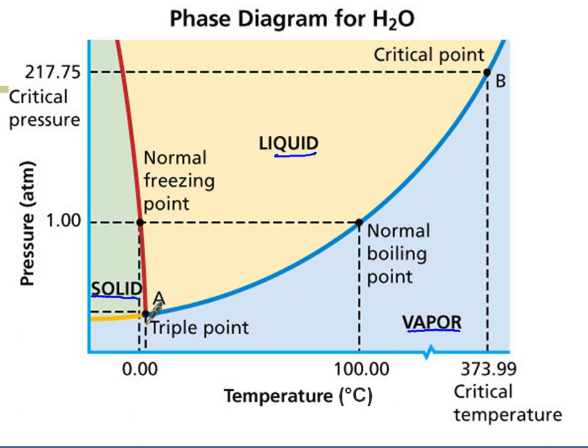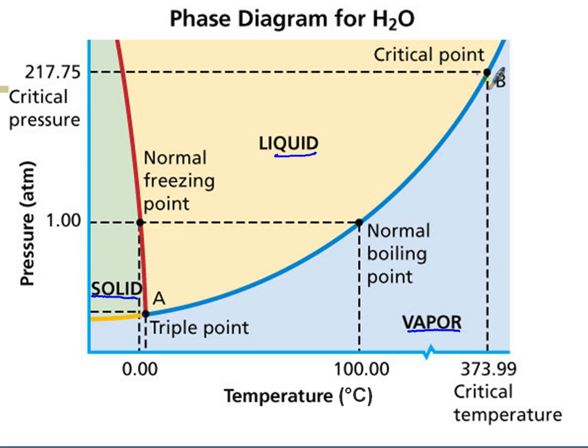If you're at this point, you are looking at a container of, let's say, ice, water vapor, and water all existing at the same time. Neither one of them is transferring to the other. I mean, they are, but it's at basically equilibrium.